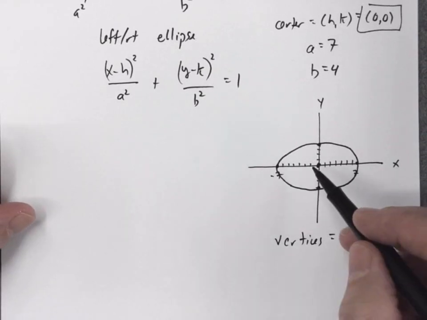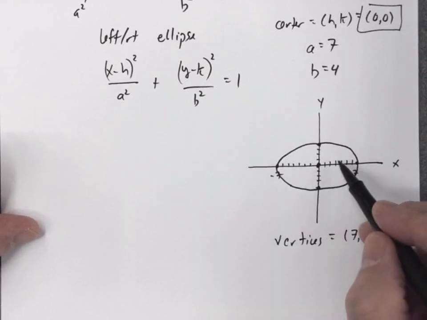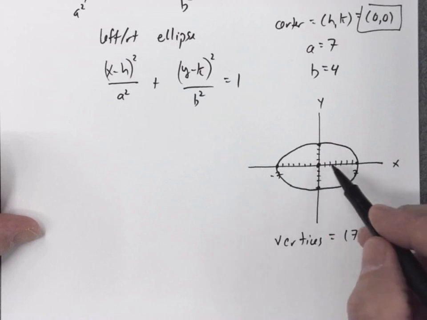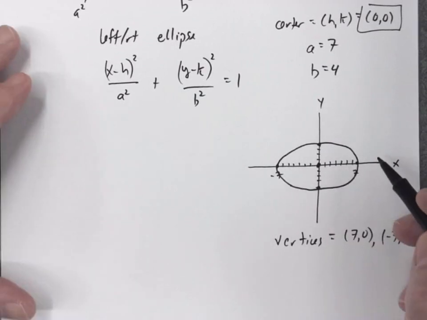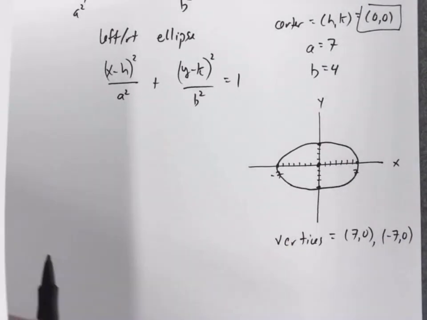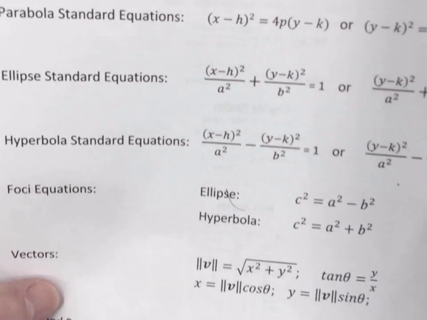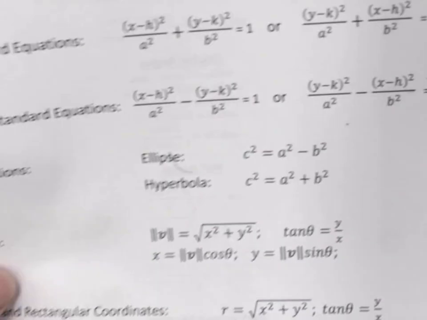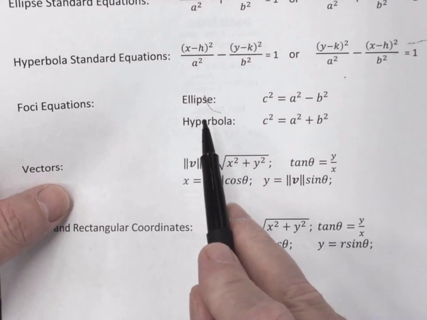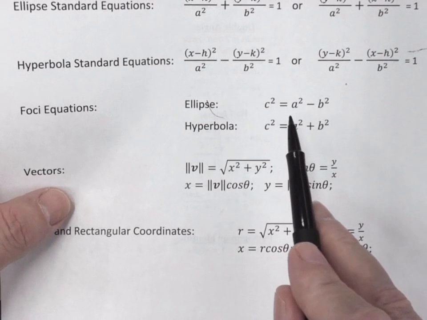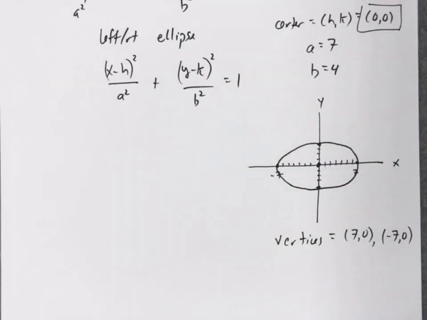Now the foci are inside the ellipse on this major axis, and the equation for the foci, which is actually on the formula sheet for an ellipse, is c squared equals a squared minus b squared.